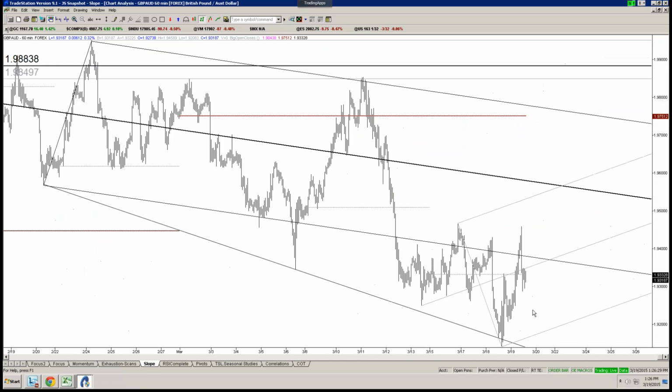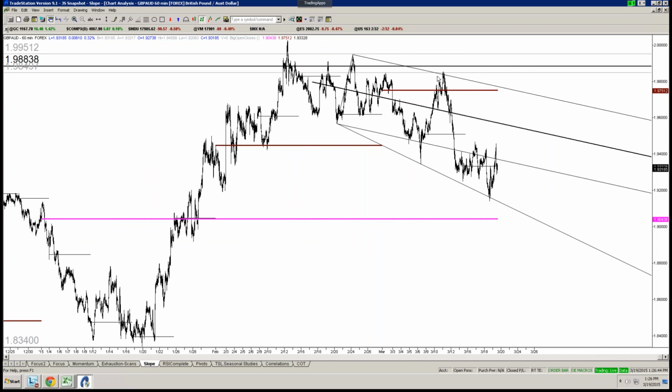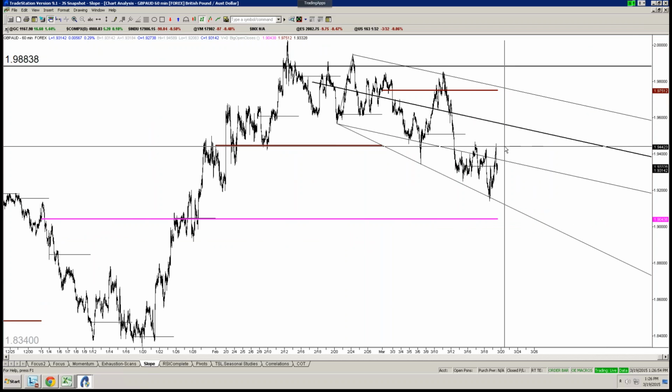If we go to the short-term chart of pound Aussie, something Mike, I think, was tooling around with here on the short-term stuff. Still bugs me that we shorted up here and then we're stopped out, but whatever. Move on. Pound Aussie.